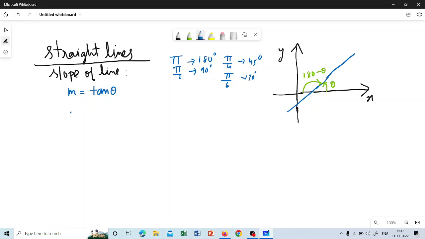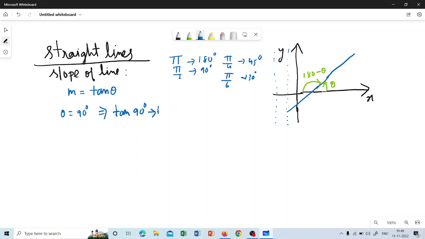But you may ask the question, what if theta is 90 degrees? That is the y-axis, or any line parallel to the y-axis, which will have theta equal to 90 degrees. From trigonometry, tan 90 is undefined, it is infinity or not defined.